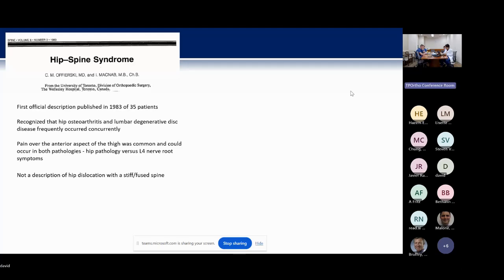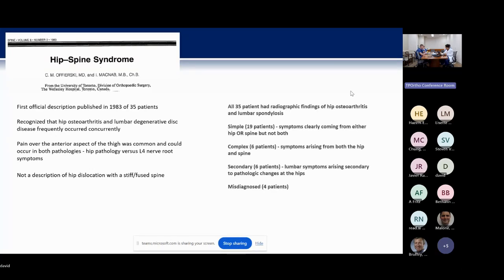So they recognized this as a phenomenon that there's overlap in symptoms, and they were basically trying to describe this in 35 patients they saw. They wanted to classify it based on having a single source versus having both hip and spine as primary issues.